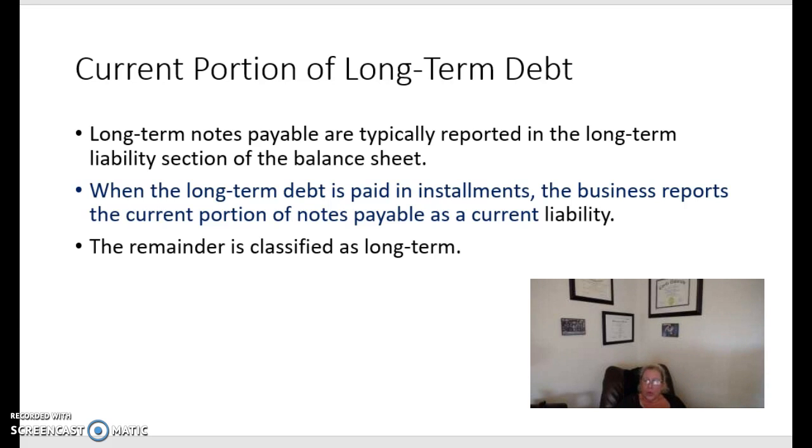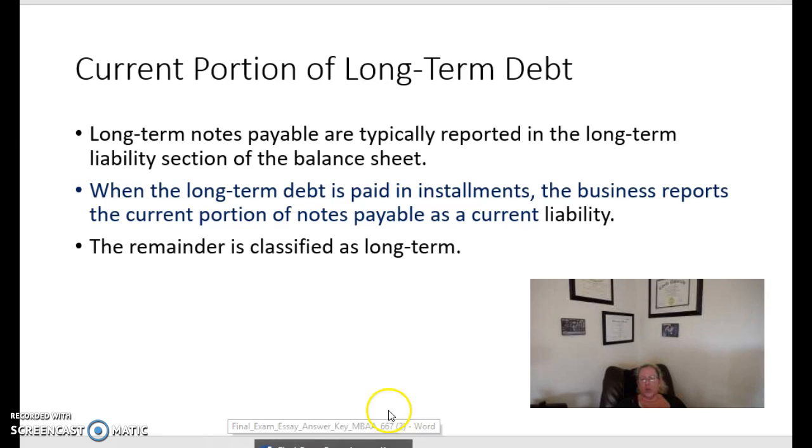So long-term payable, notes payable, they're typically reported in the long-term liabilities section of the balance sheet. But if the long-term debt is being paid in installments, if you are making payments, then the business is going to report the current portion, the portion that is due in that first year, or whatever year you're working at, the current year.